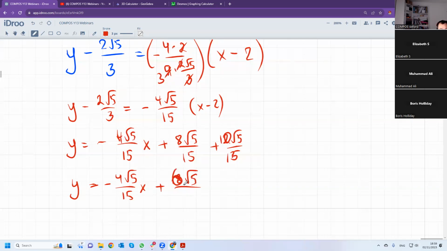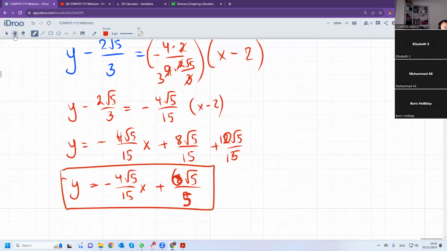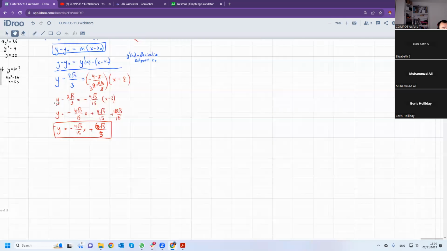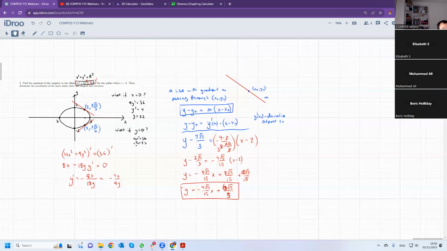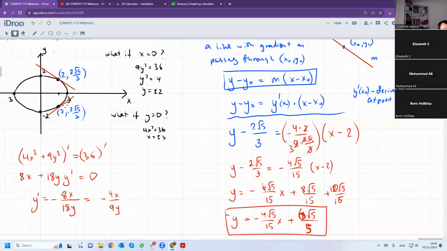So it's 6 over 5. Right. So that's the equation of the first one. And the other one is symmetrical.